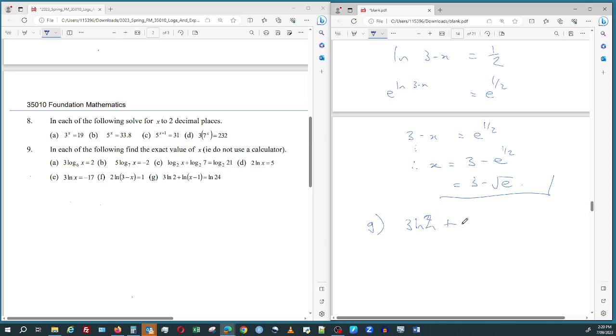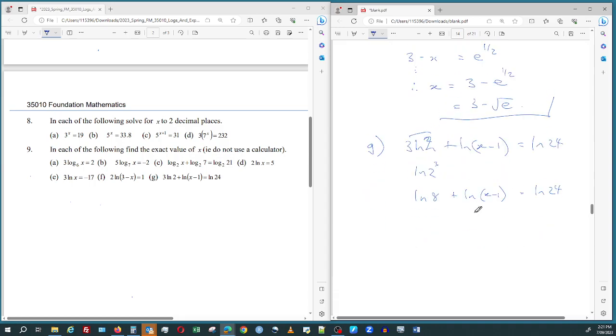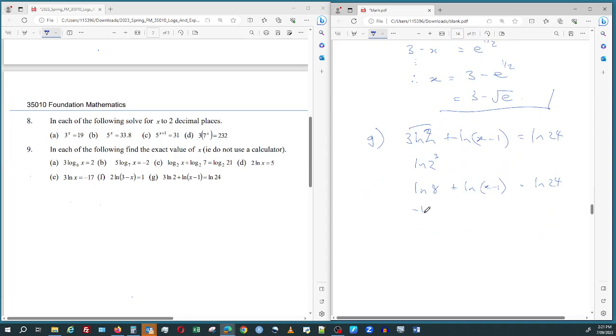3 ln 2 plus the ln of x minus 1 equals the ln of 24. So we can take the 3 up, I think. The ln of 2 cubed, which is 8, plus the ln of x minus 1 equals the ln of 24, so we take away the ln of 8. Just doing algebra, that's all we're doing.